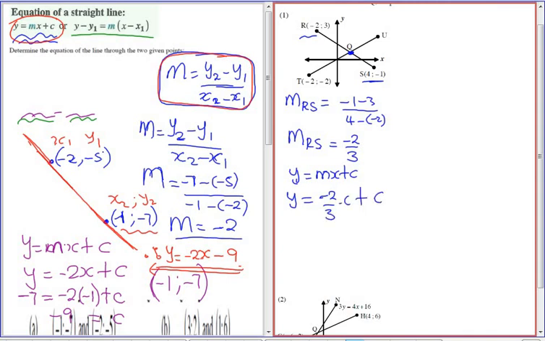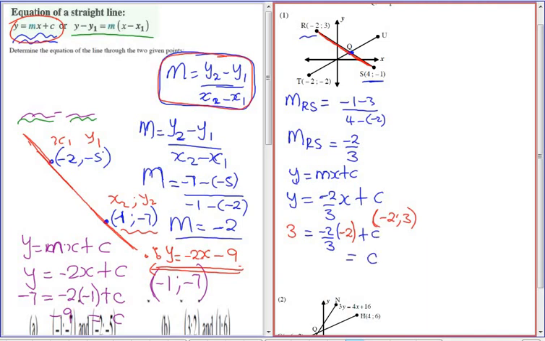And to get c, please notice I said get a coordinate that is on this line that we are finding the equation of for starters. So get any point you want. I'm just taking -2 and 3 for now. So in place of y, put 3, and in place of x, just go ahead and put -2. So you should be able to find your c easily.